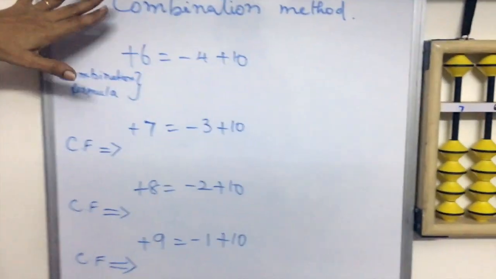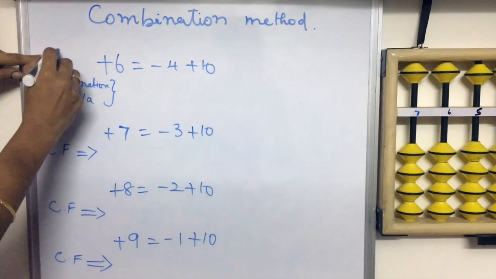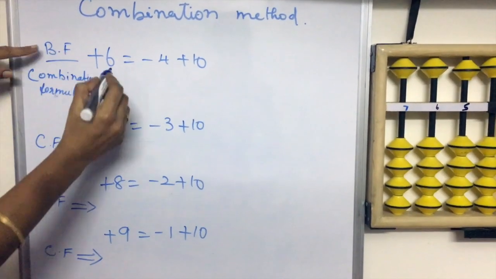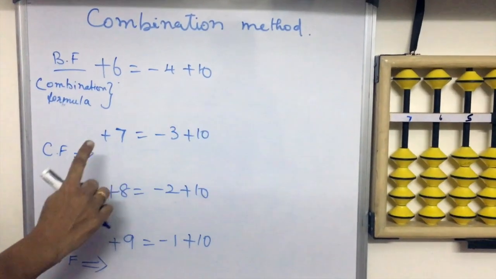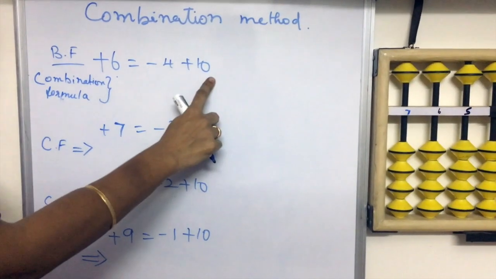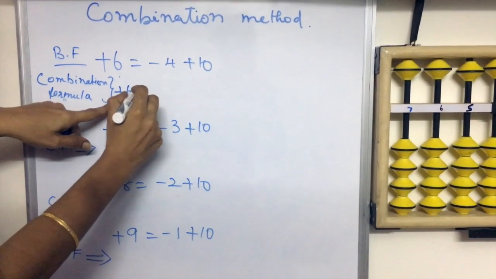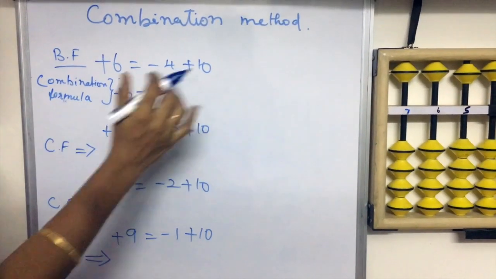Combination method. So, this is the big friend formula. The big friend formula of 6 is minus 4 plus 10. In certain conditions, we cannot apply the big friend formula as such. So, we are going to add 6 by using the small friend formula also.